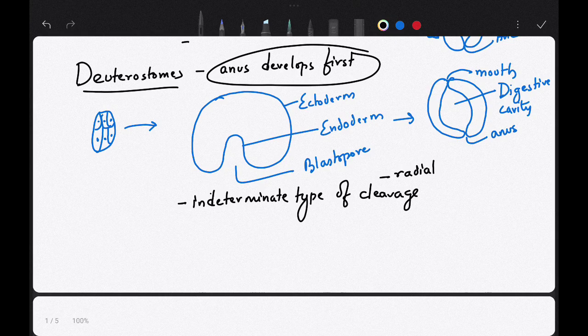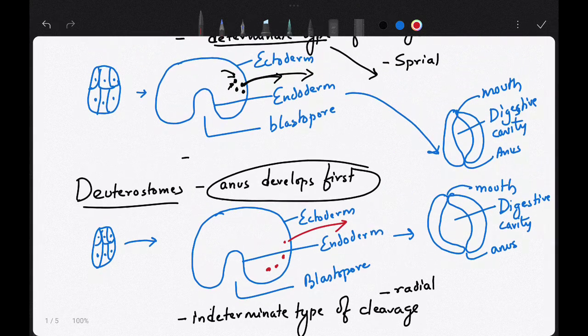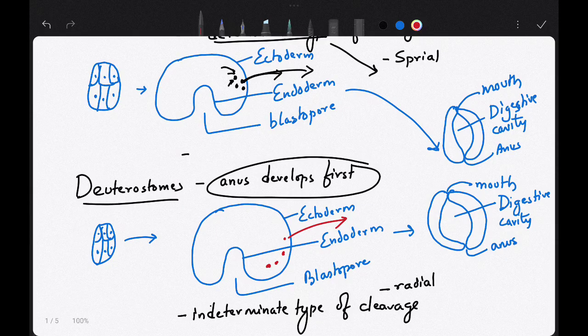So what is the difference between determinate and indeterminate? Suppose there are a few cells and these cells will give rise to a particular structure. In determinate cleavage, if you remove the cells, then that structure will not form.